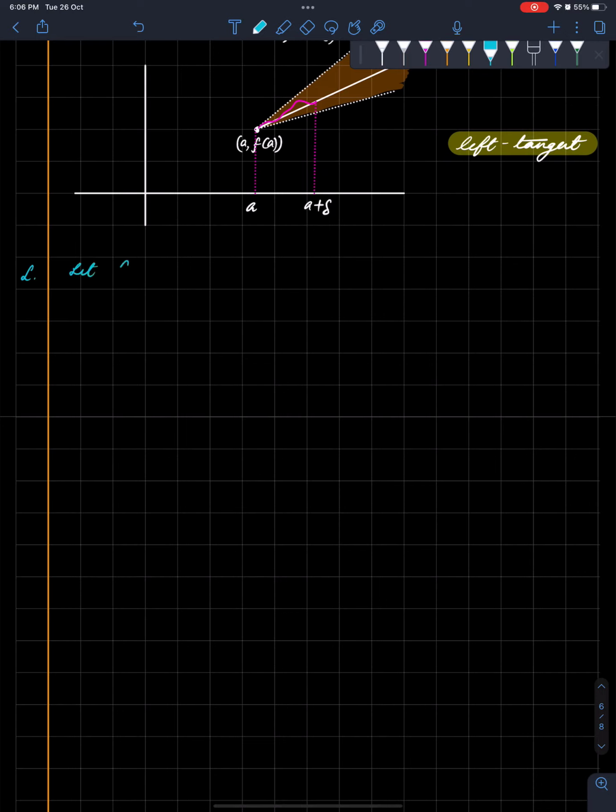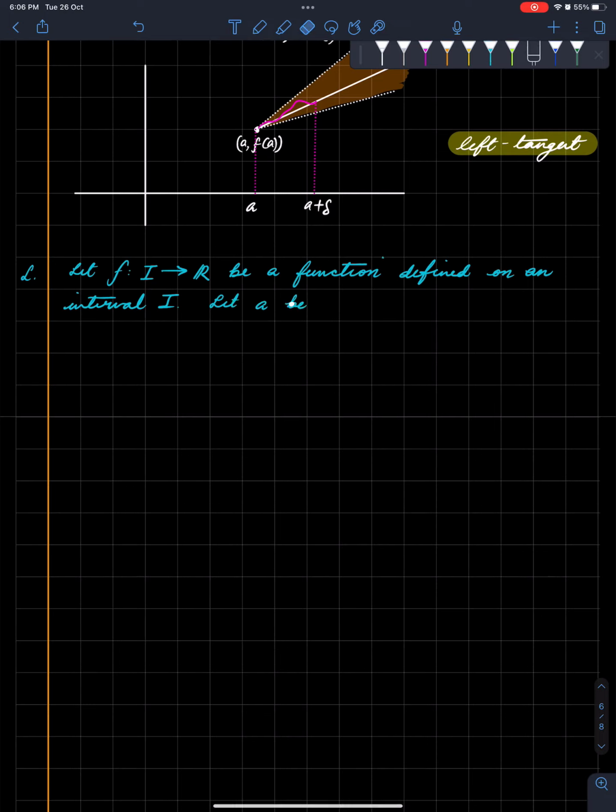Let f from I to R be a function defined on an interval I. Let a in I be not the right boundary point of I.